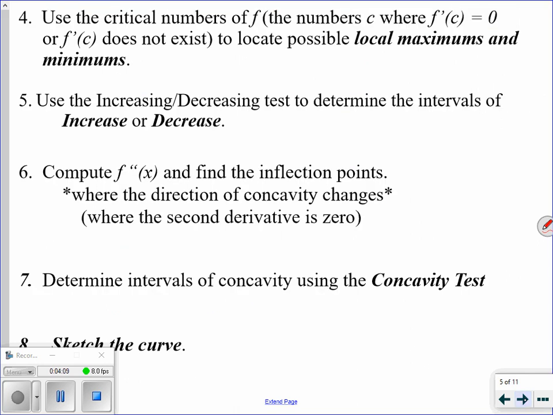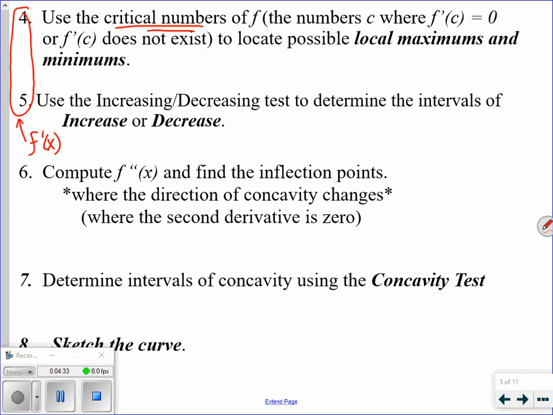Now the next steps are using the derivatives. Numbers 4 and 5 here are dealing with f prime of x, which we've already learned in previous lessons. Once we find everything we can with the original function, we move on to the derivative function. We find critical numbers by setting it equal to 0 or where it does not exist.